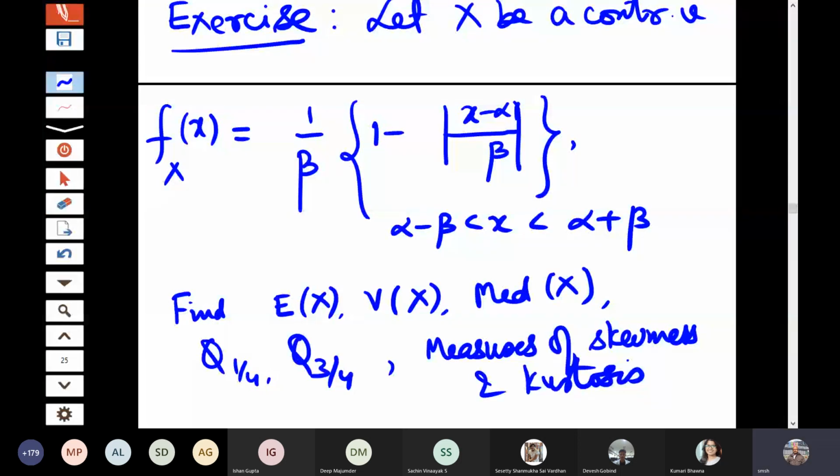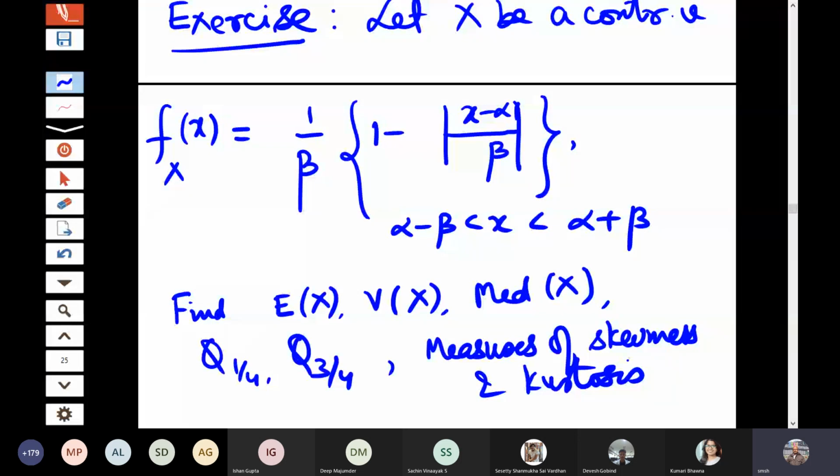I think the problem is very clear. So I am giving you 5 minutes time. You just do some calculations here. The distribution is a continuous distribution with the density function existing between alpha minus beta and alpha plus beta. The value of the density is 1 by beta into 1 minus mod of x minus alpha by beta.